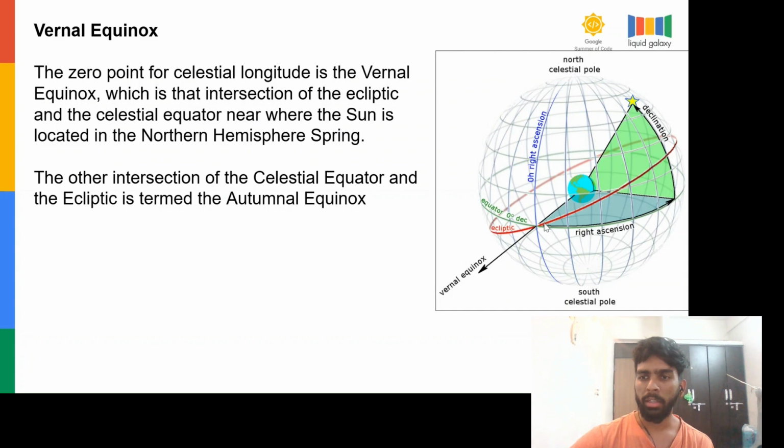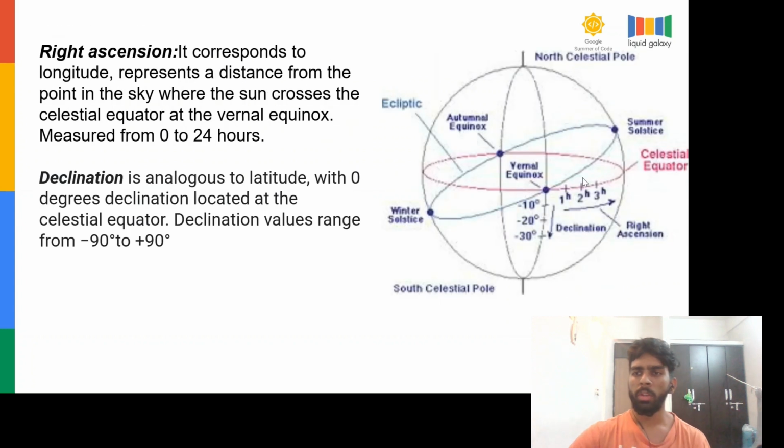And our right ascension is how far it goes east from the vernal equinox. It's similar to latitude and longitude: you go east and you go north. Right ascension means you go eastward. So that is how you get the celestial coordinates of any star.